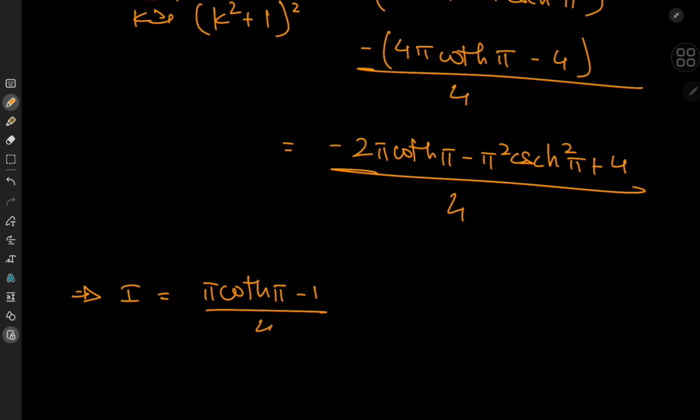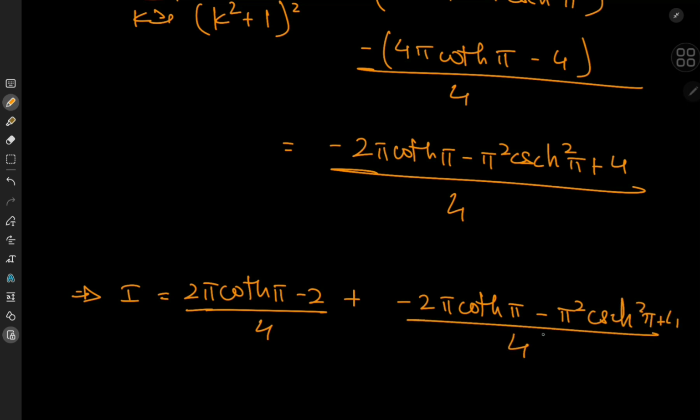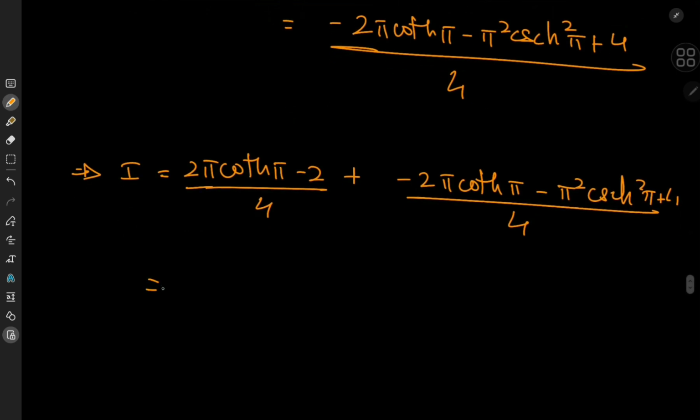I might as well expand this by 2 to have the same denominators. Plus, because I factored in the minus 2 already, that is a minus 2 pi hyperbolic cotangent pi minus pi squared hyperbolic cosecant squared pi plus 4 divided by 4. I think I haven't messed anything up. There's some nice cancellation there, which is encouraging. Then I have negative 2 and a positive 4. That gives me 2.